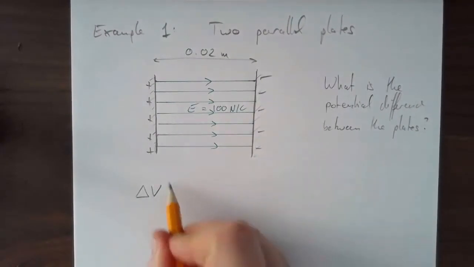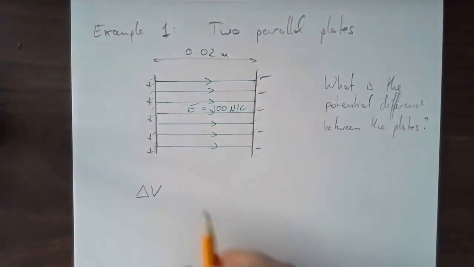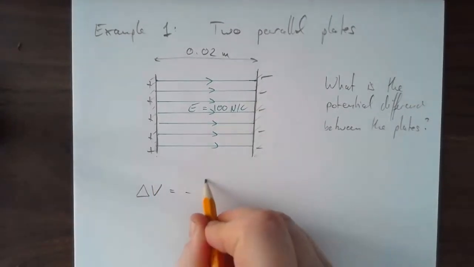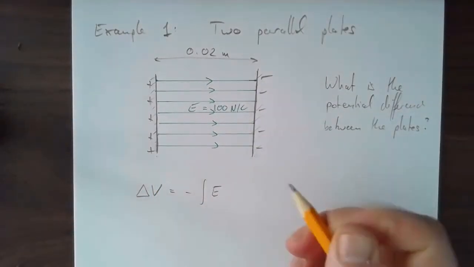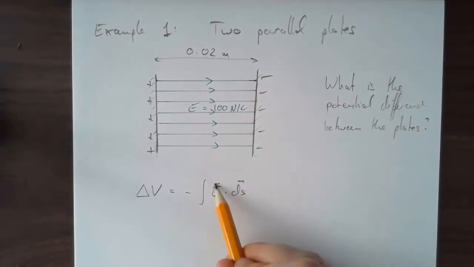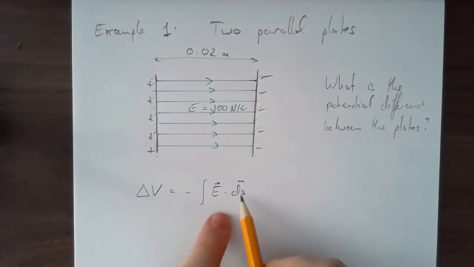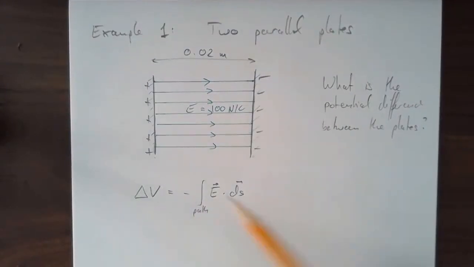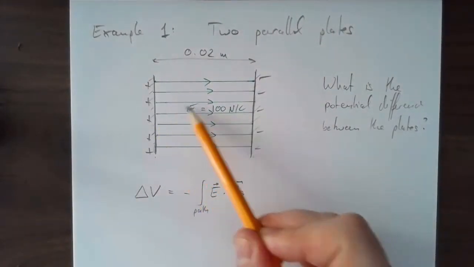delta V, from this point to this point, is equal to minus the integral of the electric field. So the path integral, right? Going along some chosen path and adding them up. Well, we've got to be specific. Let's pick a path. Now, you could do this picking any path.